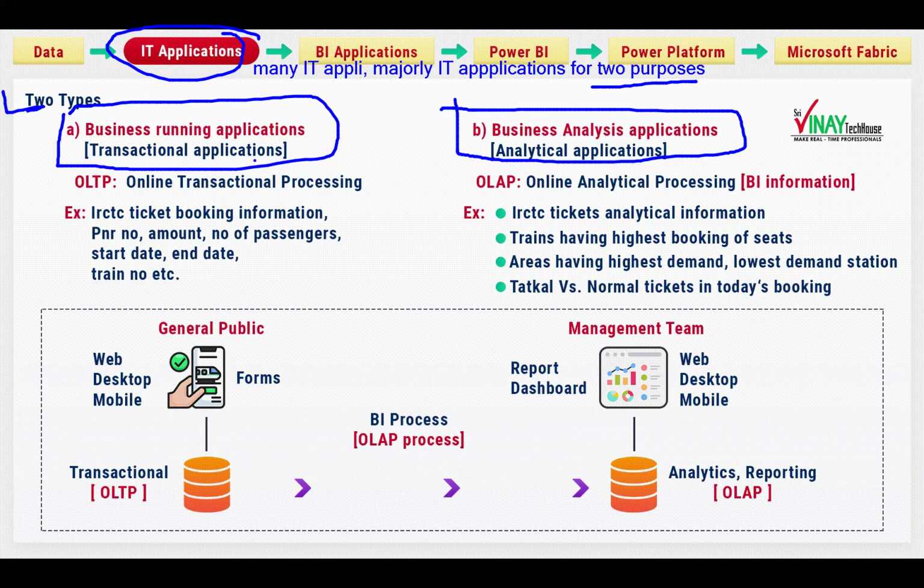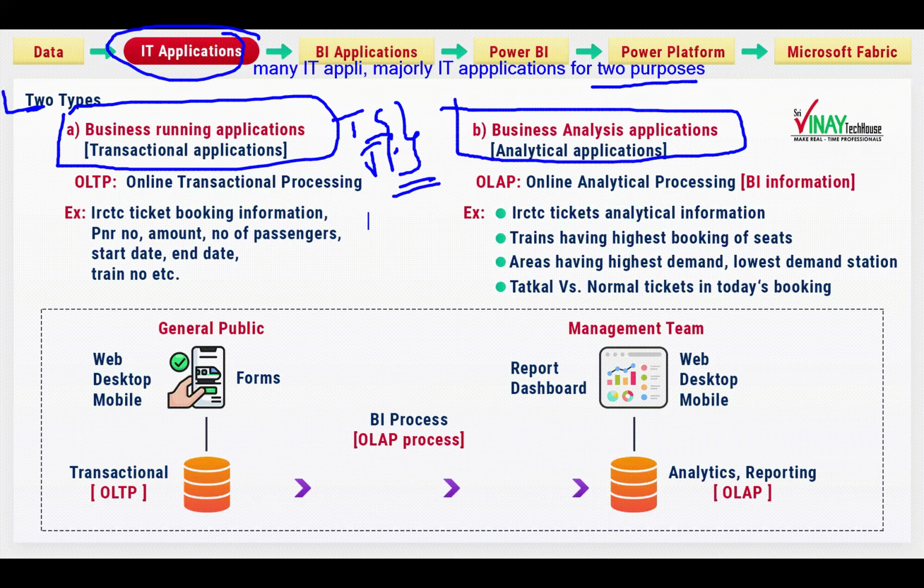Business running. You're running a business. First, you look forward to having a proper application which helps in your business. You will purchase one device, one website, one app, something to run your business. Am I right or wrong? Maximum these applications will give you transaction success, transaction failed status.